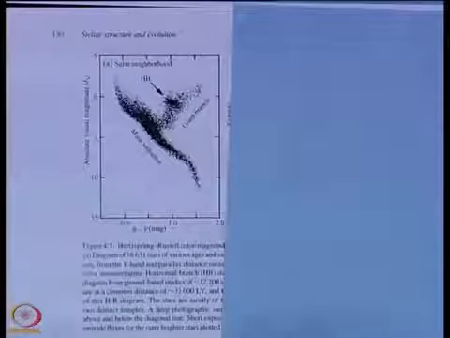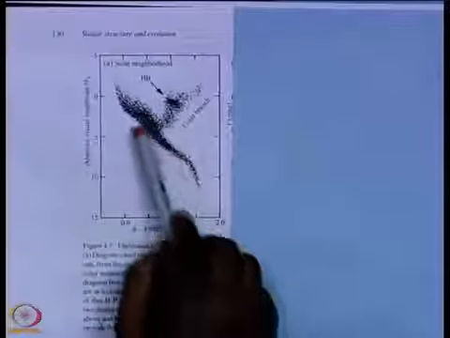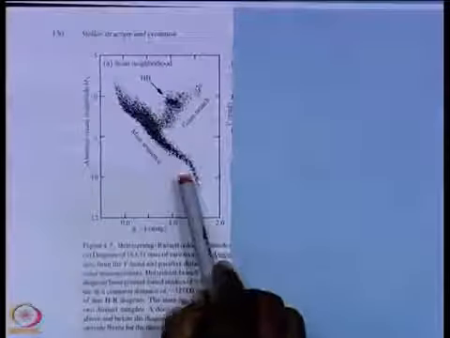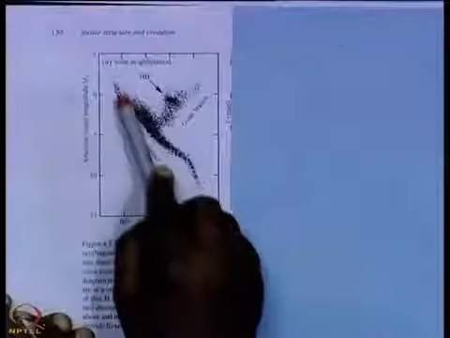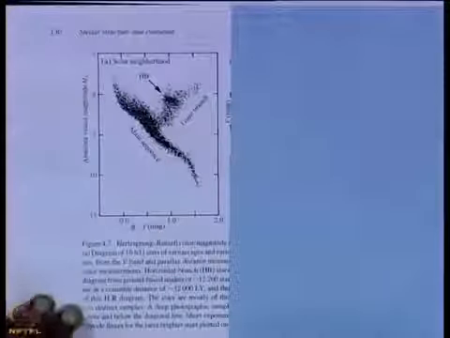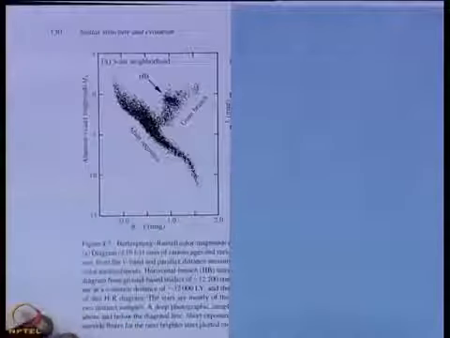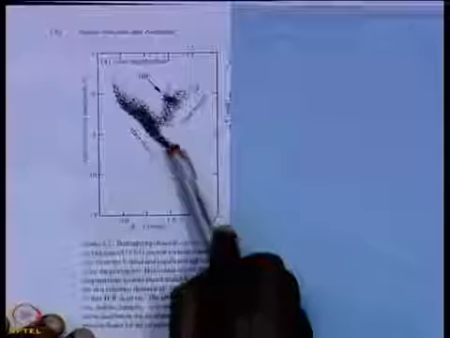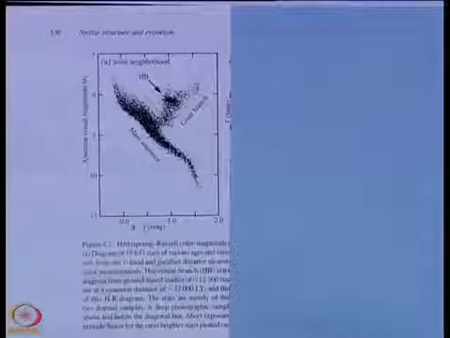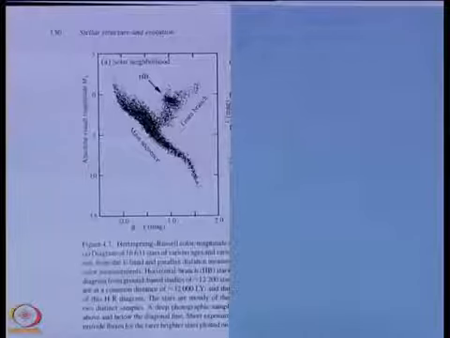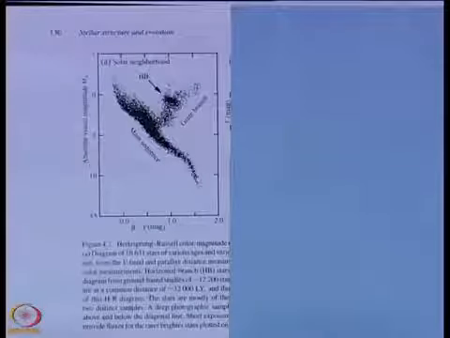So, notice that the bulk of the stars lie on a band that runs from left to right across the HR diagram, and this is the main sequence. So, all these are stars which burn hydrogen.